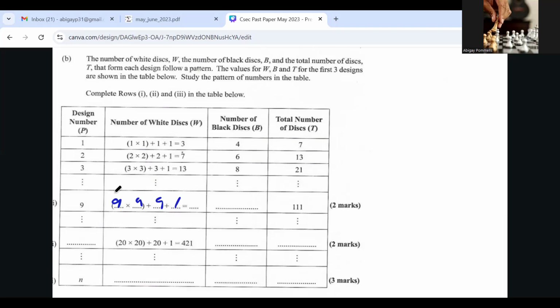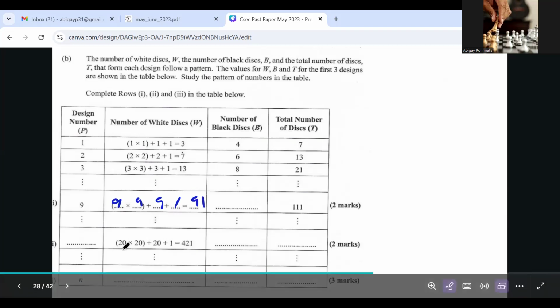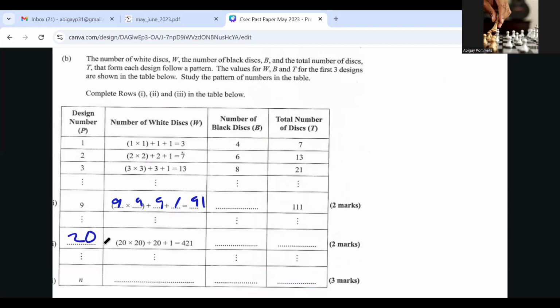In retrospect, we can now calculate: 9 times 9 plus 9 plus 1. That's 91.